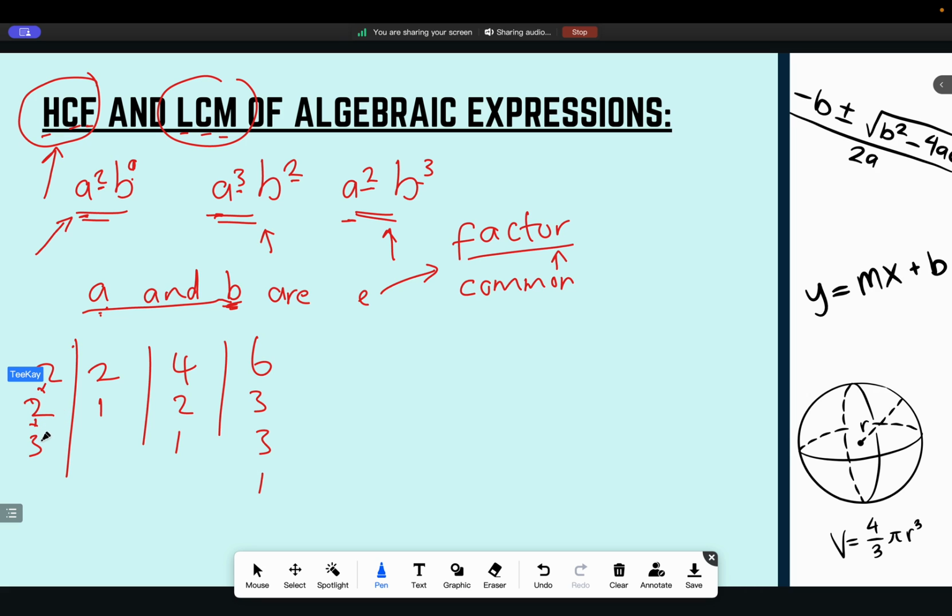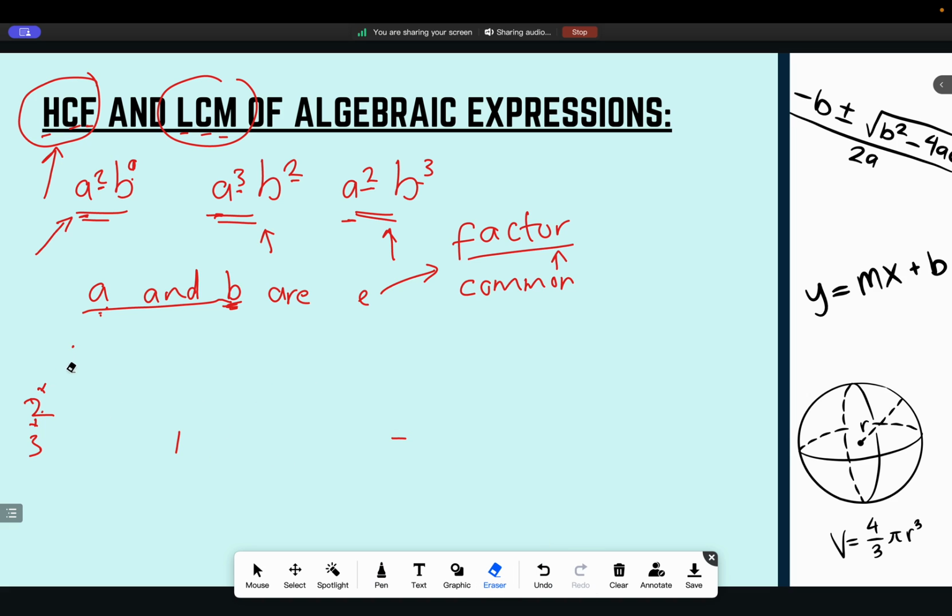So 3 by 2, 6 by 2, 12. So in this case, the lowest common multiple of these numbers is 12, right?